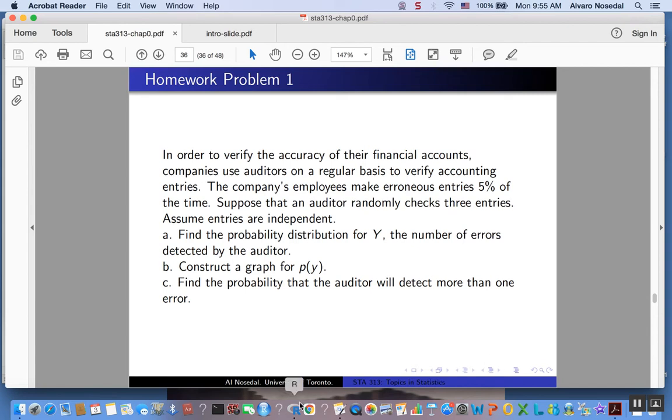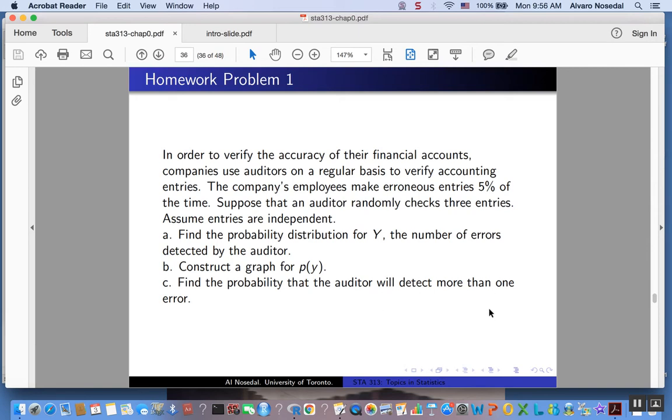So one way of doing that, more than one error would be 2 or 3.